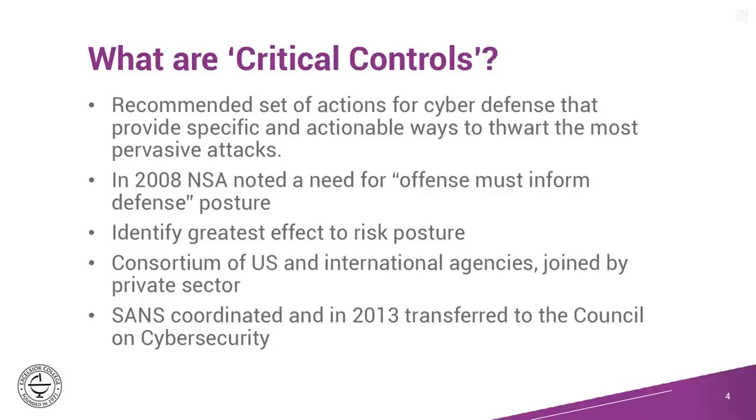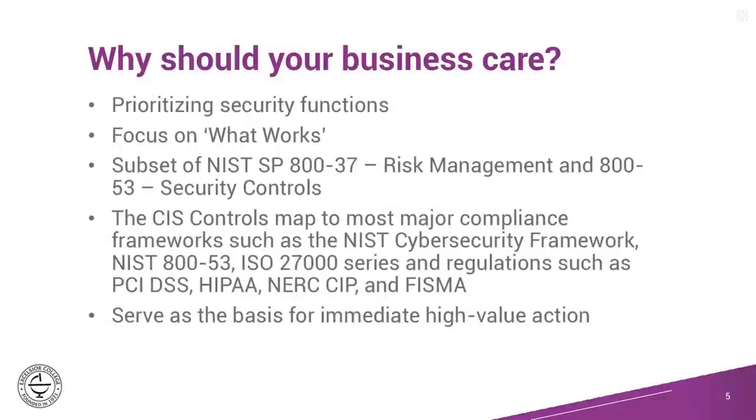There are several different areas that the critical controls can be used in, and they have been part of many other organizations in their mappings. So NIST has mapped the risk management and the security controls, and has become a dominating force when it comes to security controls.